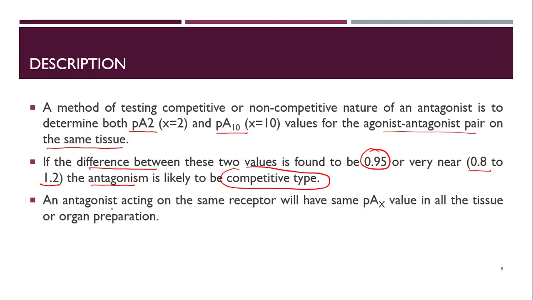An antagonist acting on the same receptor will have the same pAx value in all tissues or organ preparations. This is a very important sentence. It says that if an antagonist is acting on one specific receptor, the same receptor, then it will have the same pA value in all tissues and organs.